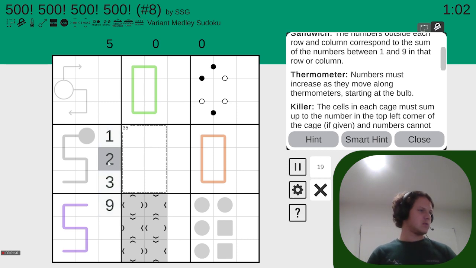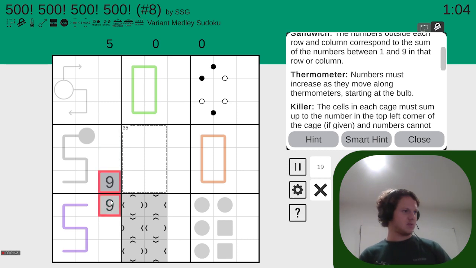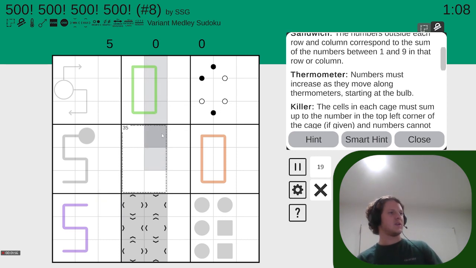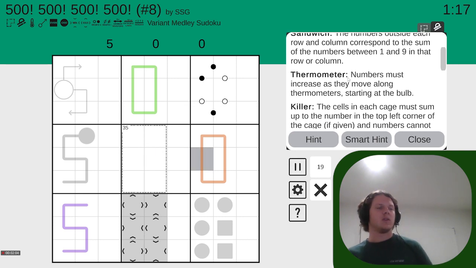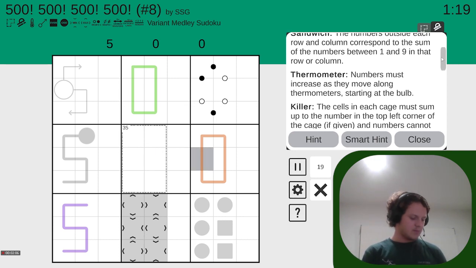How do I get rid of these? There we go. It's been a while since I've done this. Same with the 0, which means the 1 and 9 have to be next to each other, because if you have a space, that number won't sum to 0. Anyway, we've seen that before in episodes 5 and 7, so that should be familiar.